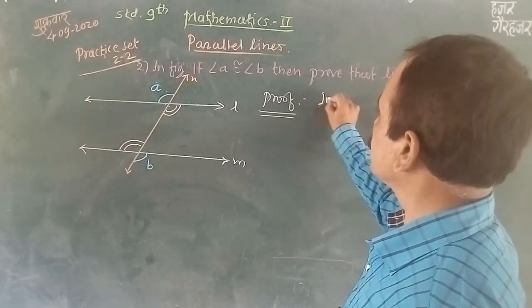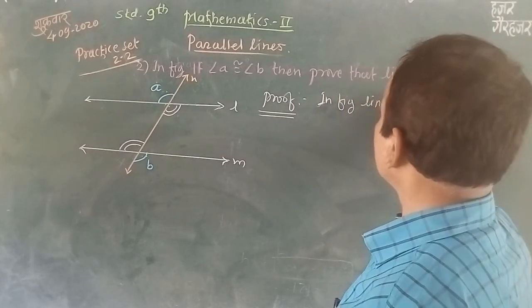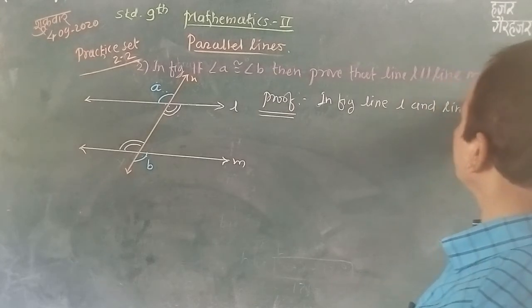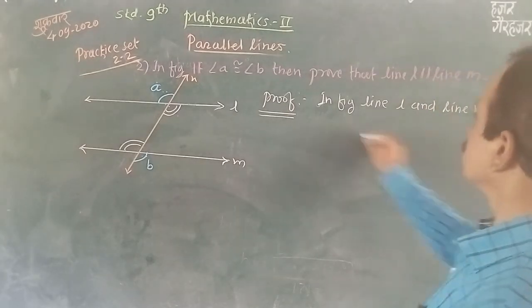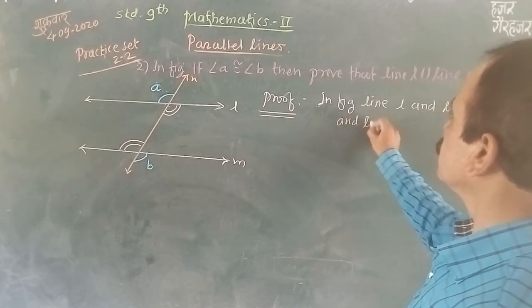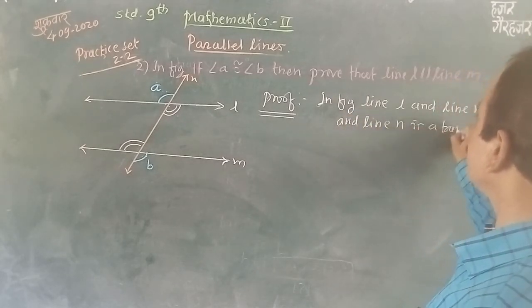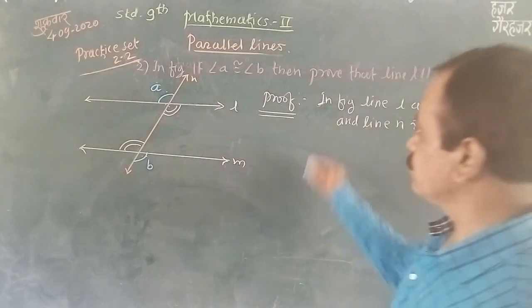In figure, line L and line M are given, and line M is a transversal.